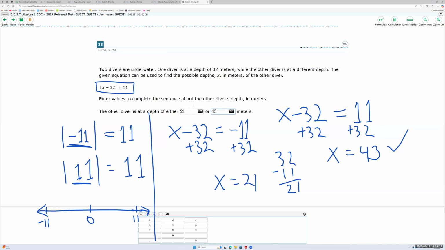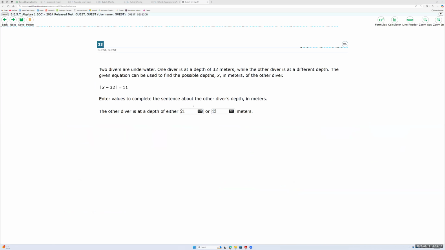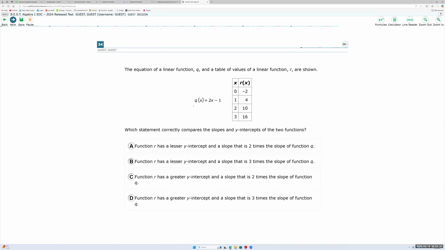So pause if you need to. By now we're experts on what we do here, moving from 33 to 34. 34. I have a linear function q. Y equals mx plus b tells me that the slope is 2 and the y-intercept is -1.